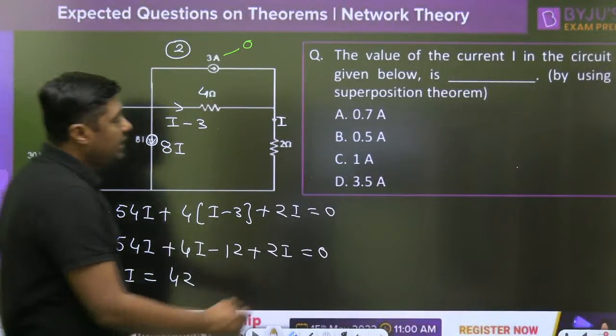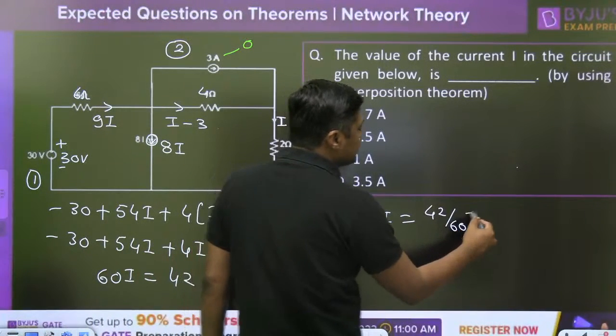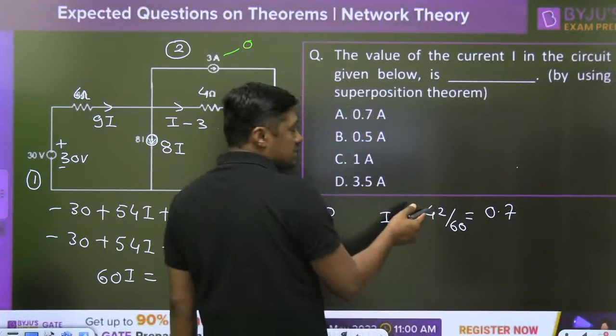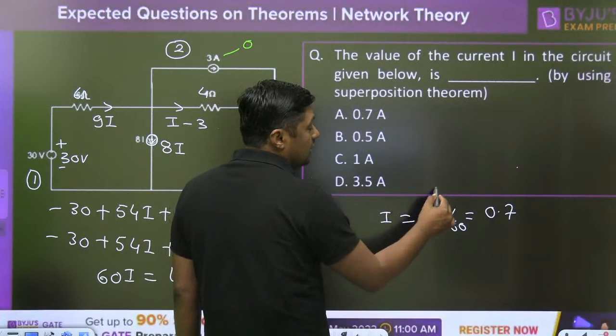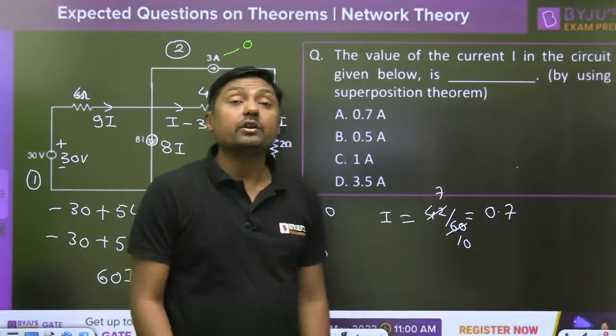So what is I? 42 divided by 60, that is nothing but 7 divided by 10, which is 0.7 ampere.